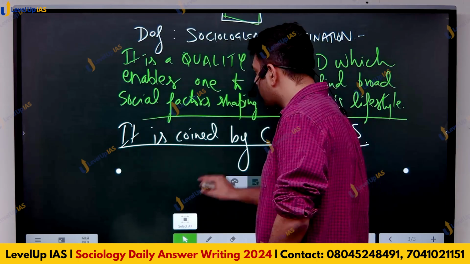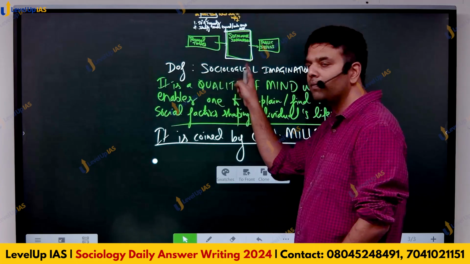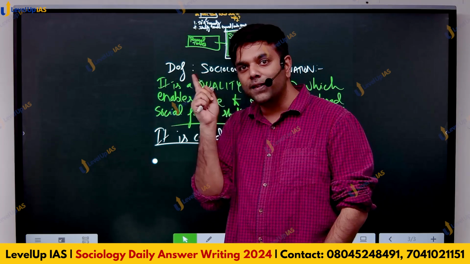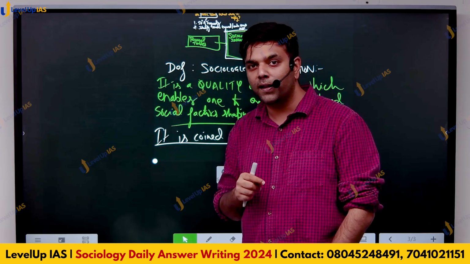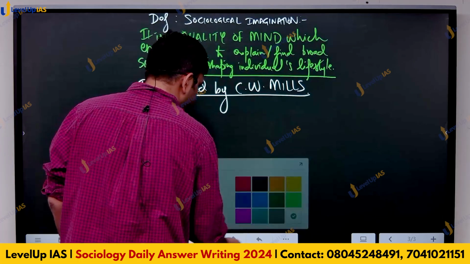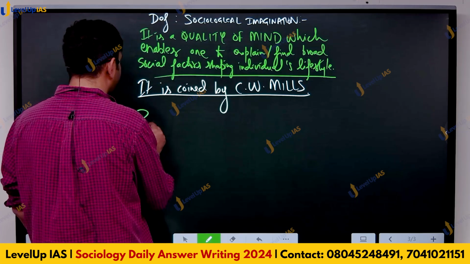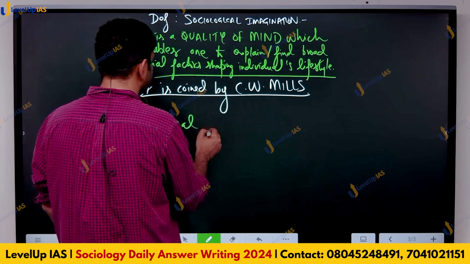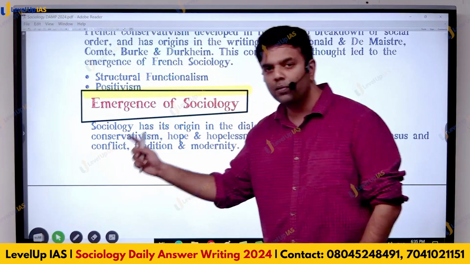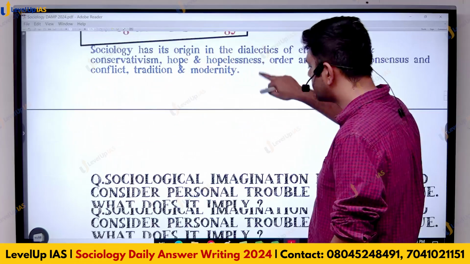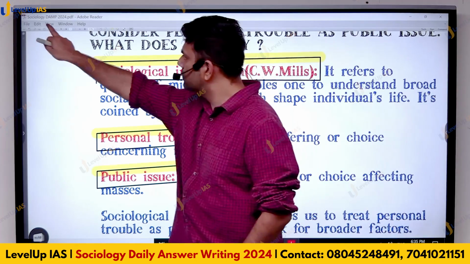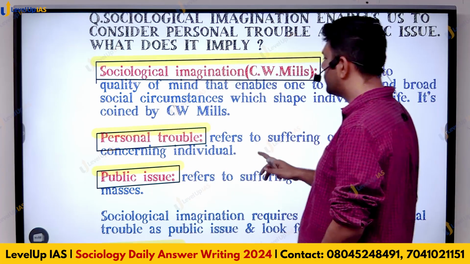Since we have defined one master keyword, now we should very briefly define the other keywords in the question. The other keywords were personal trouble and public issue. So we will say personal trouble. Now I'm coming back to the model answer. See, what is personal trouble?